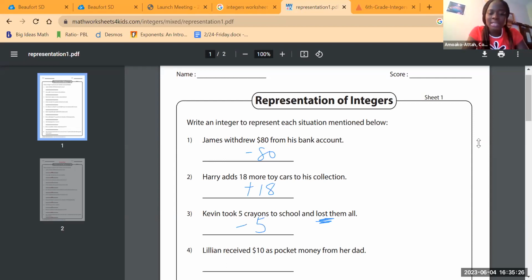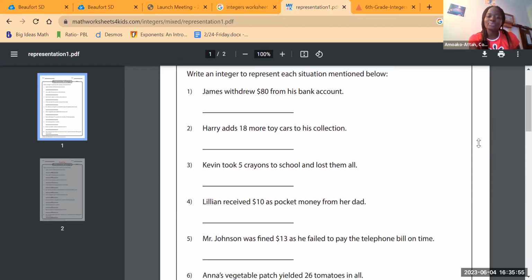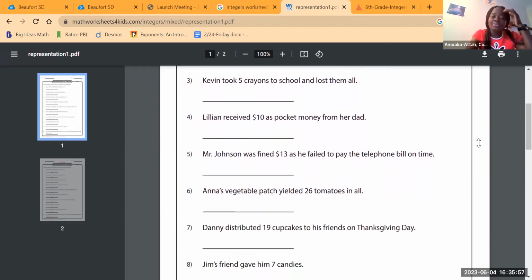Okay, so let's see. Lillian received $10 as pocket money. So the key word is what? Received. So it means Lillian got more money, $10 from her dad. So now she has this to herself, which is a plus, a positive value. Let's see the number 5.